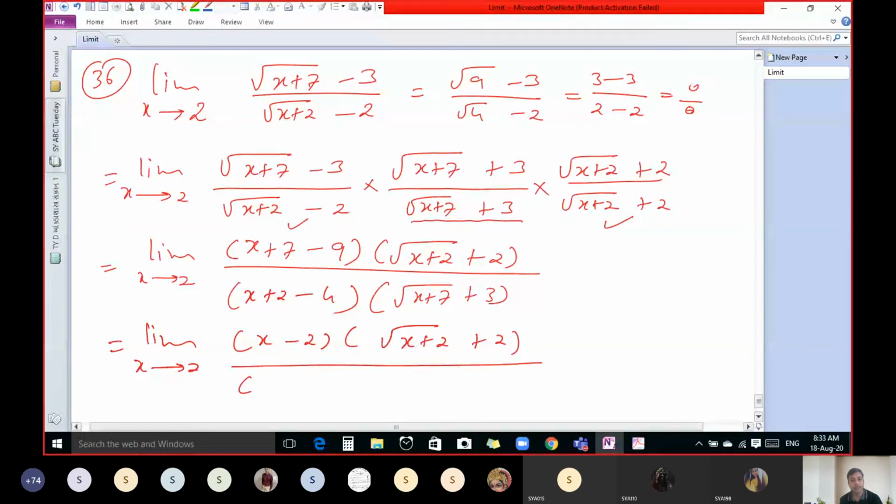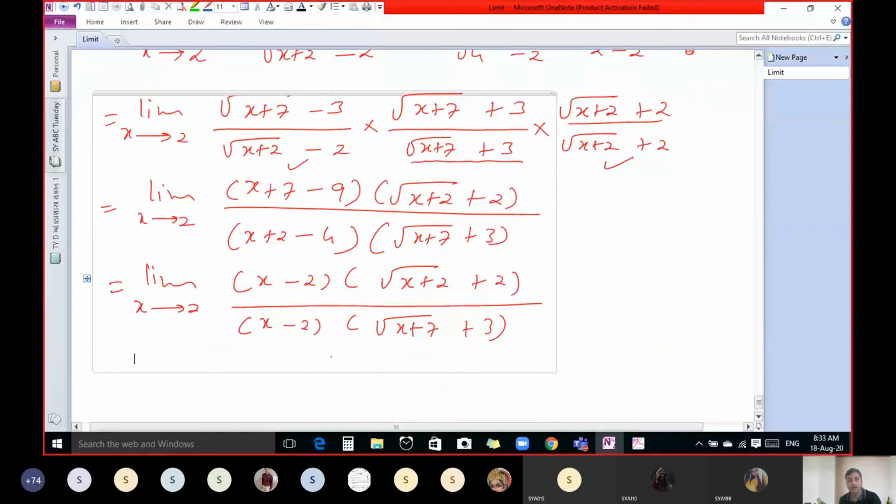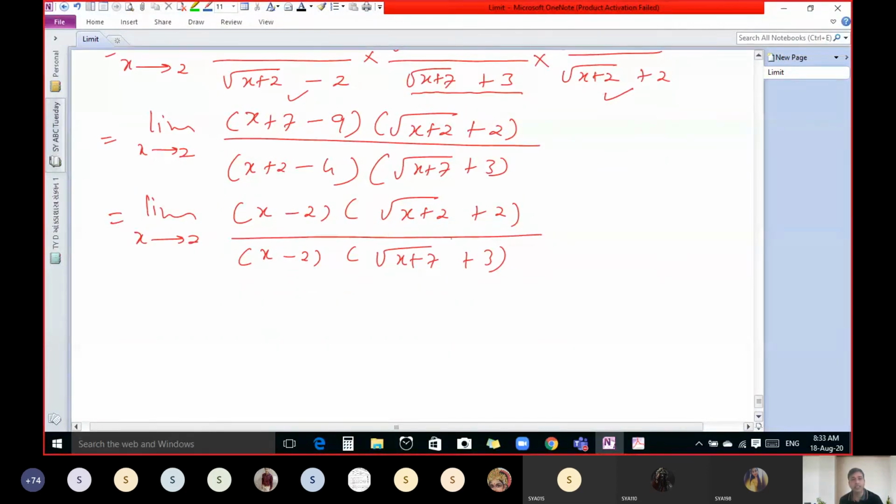And what do we get in the denominator? 2 minus 4 is minus 2, and keep this as it is. And then obviously x minus 2 you can cancel. Now put x equal to 2.